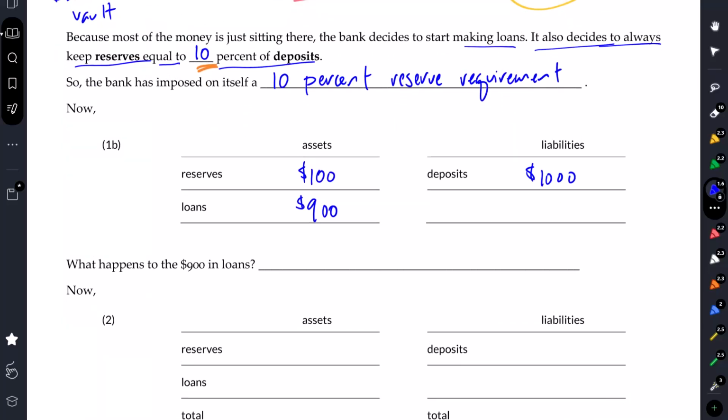All right, now it makes these loans, and eventually, we're imagining, and in reality this is pretty much what happens, whoever receives the $900 of loans is presumably going to spend it right away, and whoever receives it when it's spent is most likely going to deposit it into the bank. And that's generally what does happen.